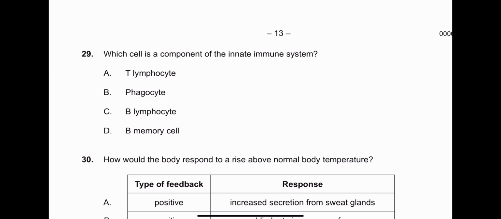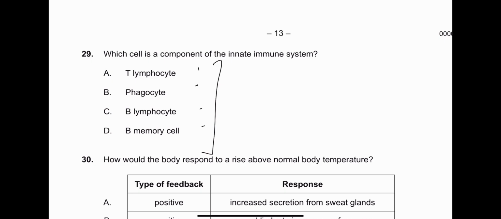Which cell is a component of the innate immune system? T lymphocyte. Is that innate immune system? Phagocyte, lymphocyte, memory cell. These are all part of the immune system, so we can't deduce it based on that. Which one could it be? I'm just going to go through how you could deduce it if you didn't know. Think about how you could group these together.